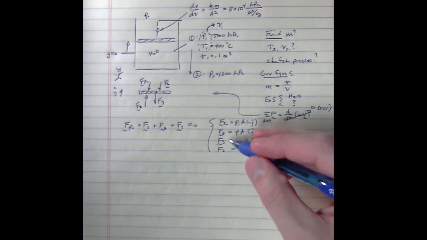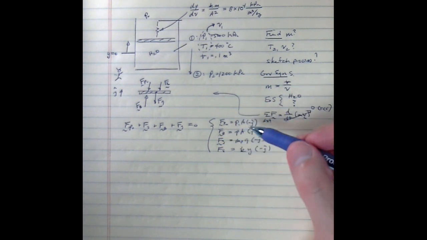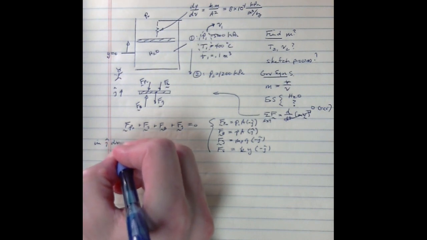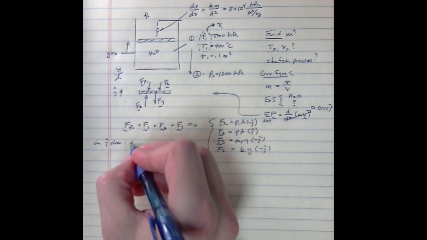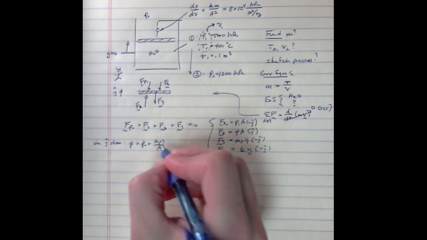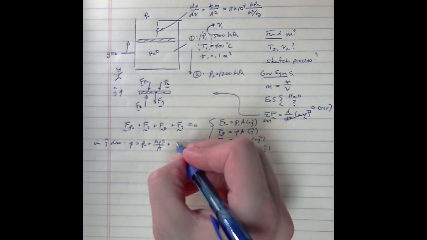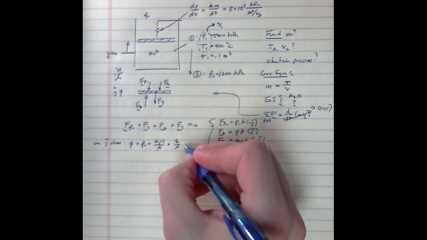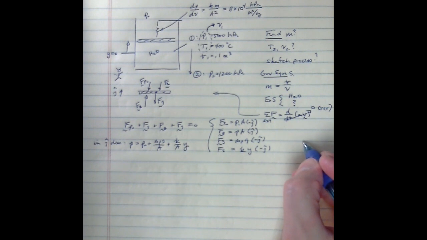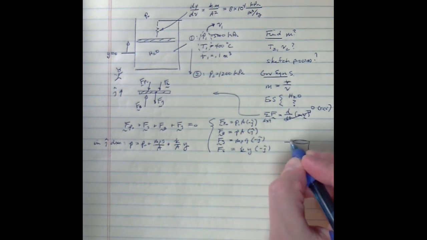So we have all of these constitutive equations, and let's go ahead and plug them in. When we do, we're going to find that in the j hat direction, we get a pretty simple expression. P equals P naught plus mass of the piston gravity over area plus K on A times Y. Of course, we would like to rewrite this in terms of the geometry of the situation. So we're going to have this y equals 0 location right here.